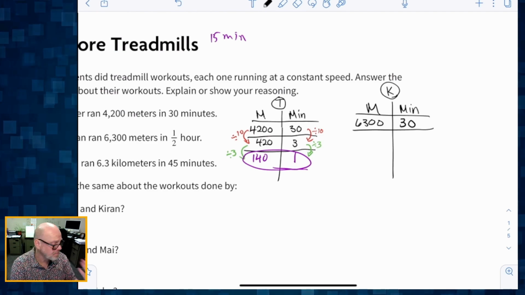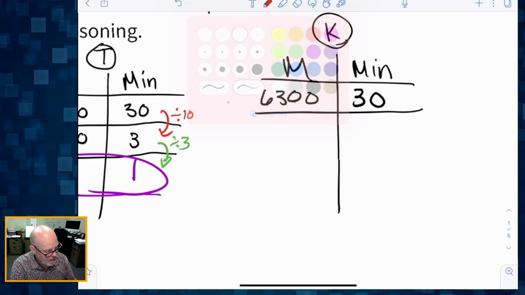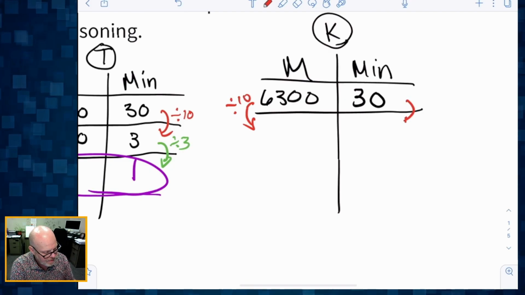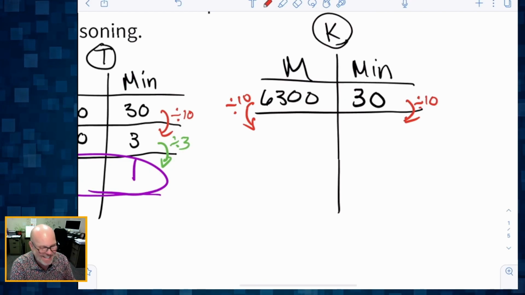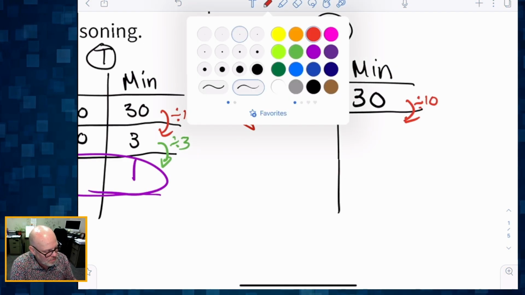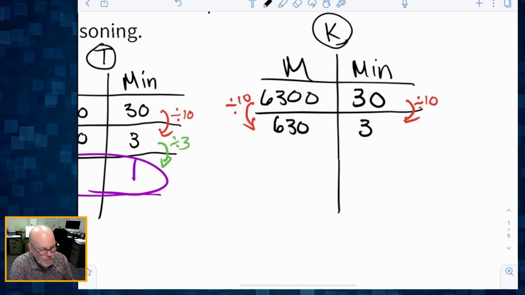And again, let's scale this down till we get a unit rate. I'm going to begin by dividing by 10 because I see both numbers end in 0. And so that gives me 630 and 3.